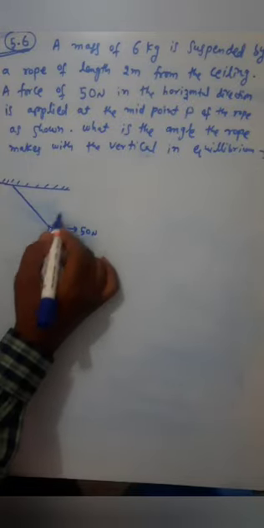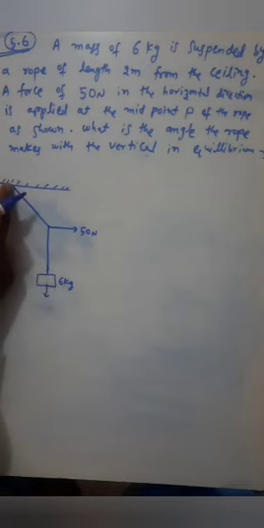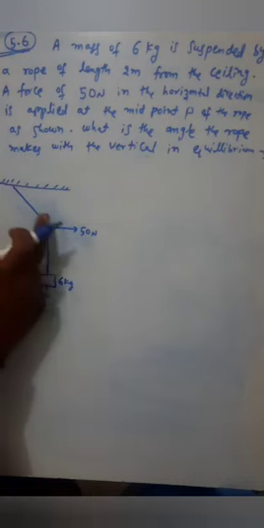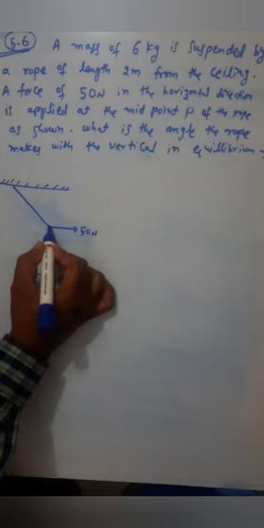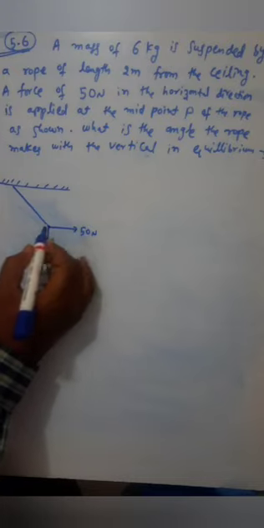A force of 50 newtons in the horizontal direction is applied at the midpoint P of the rope, as shown. Actually the rope is a straight line, and when we apply the 50 newton force, it is like this.